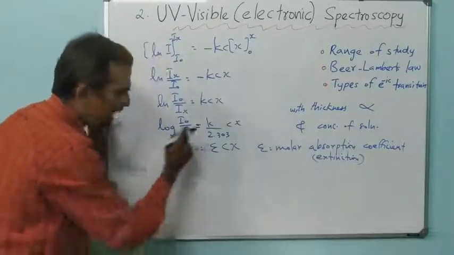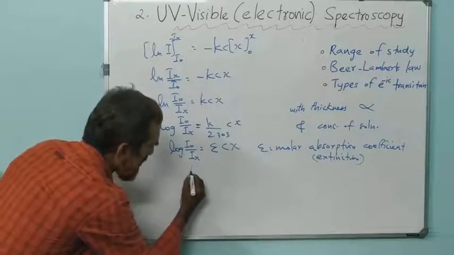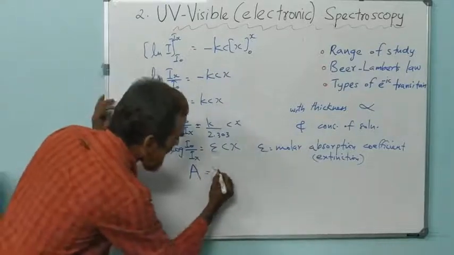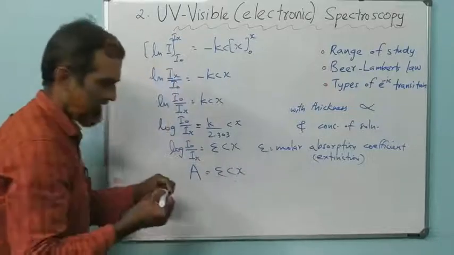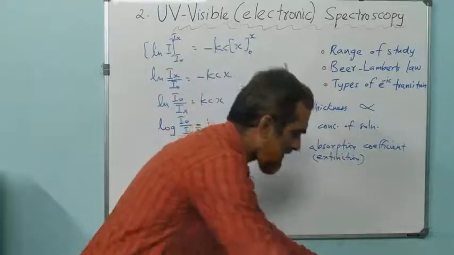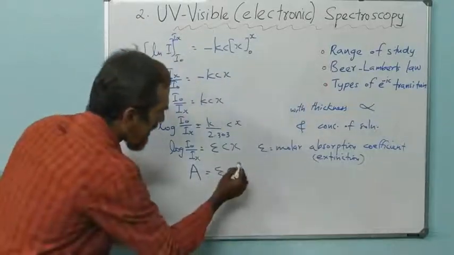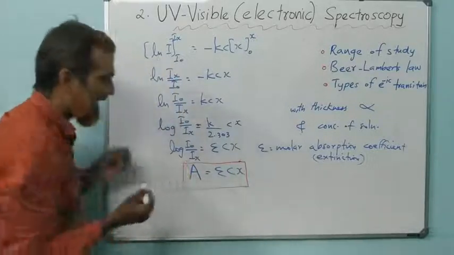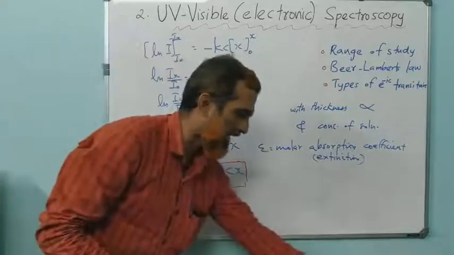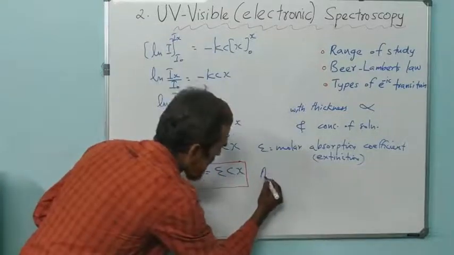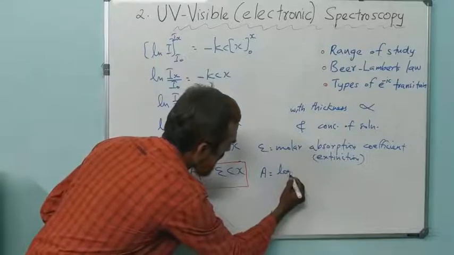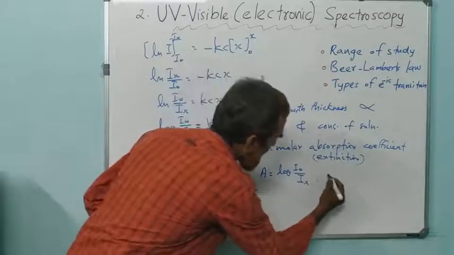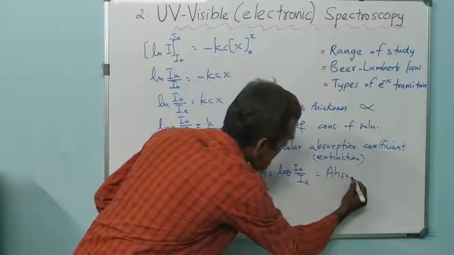Now this log I0 by Ix is again replaced by another term, that is capital A. This will be the most simple form of mathematical expression of Beer-Lambert's law to remember, that is A is equal to epsilon cx, where A is defined as log I0 by Ix, that is known as absorbance.